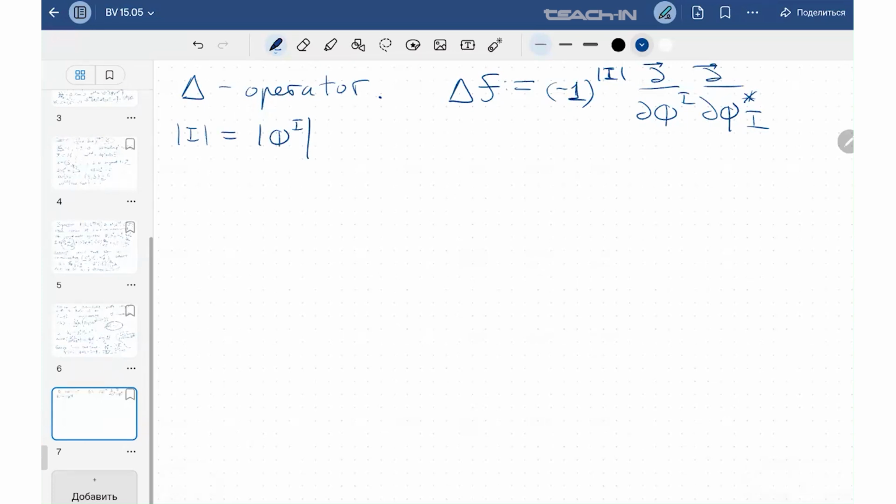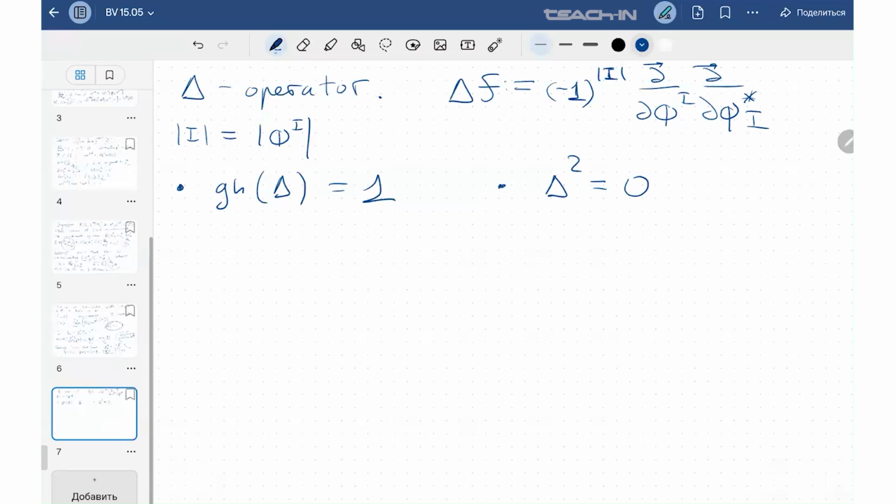So what are the properties of this delta operator? First of all, of course, its Grassmann degree and parity is 1, right? Because it takes a derivative with respect to a field and its conjugate anti-field, but for the conjugate anti-field there is a shift by 1, so we get Grassmann degree 1. The second property is also important, and quite simple to check: delta squared is 0.